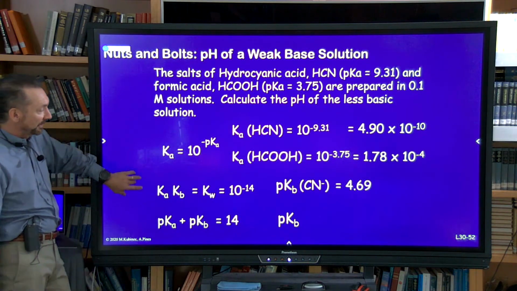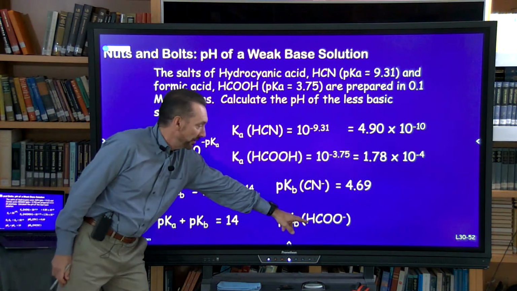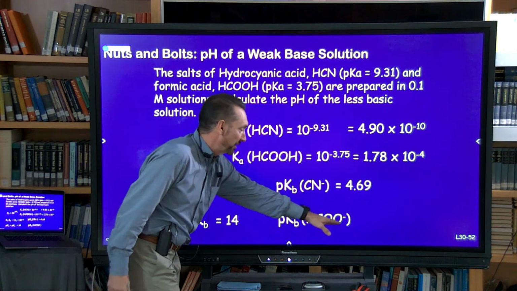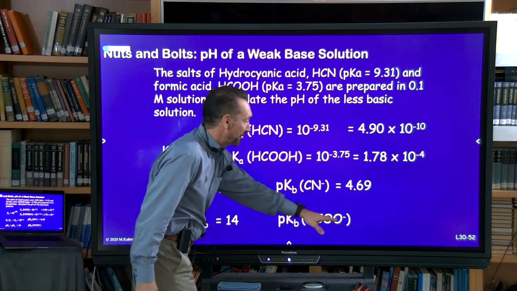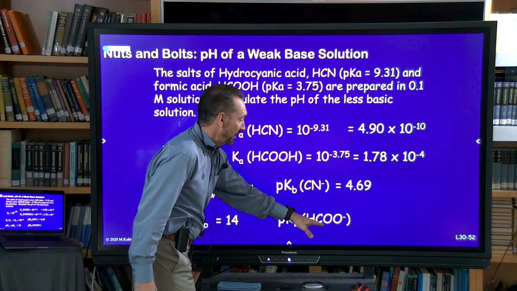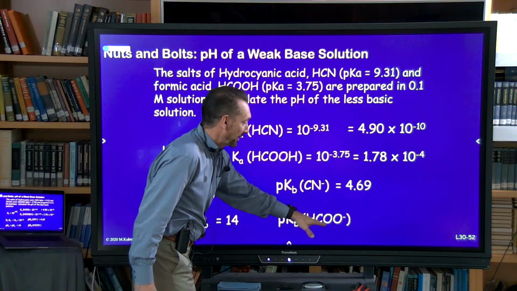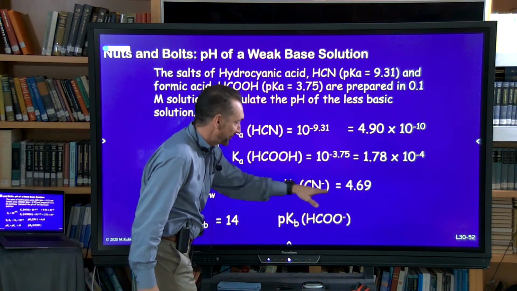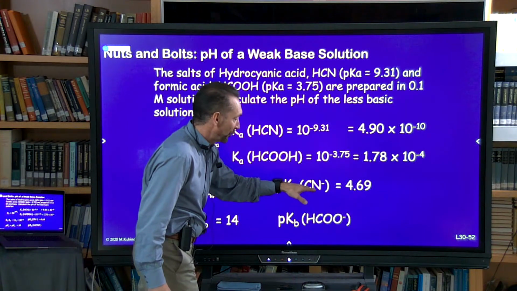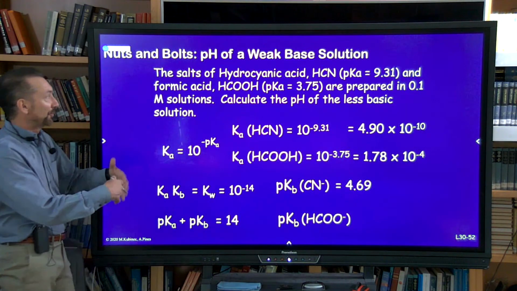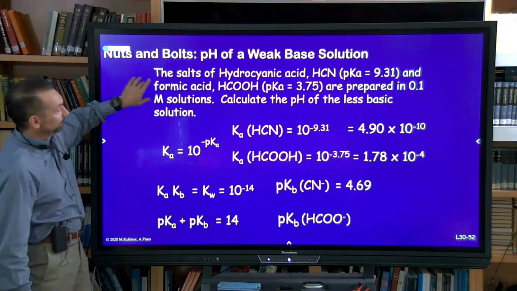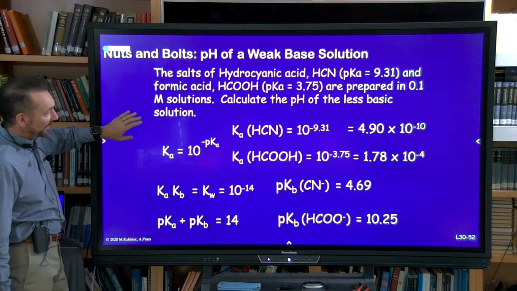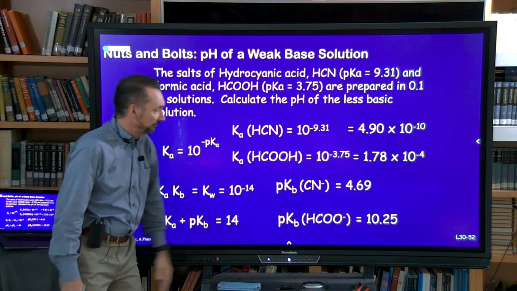And I can do the same thing for the formic acid. So this is sodium formate, if I was talking about the salt of the conjugate base, sodium cyanide, if I was talking about the sodium salt. So I have those two numbers.